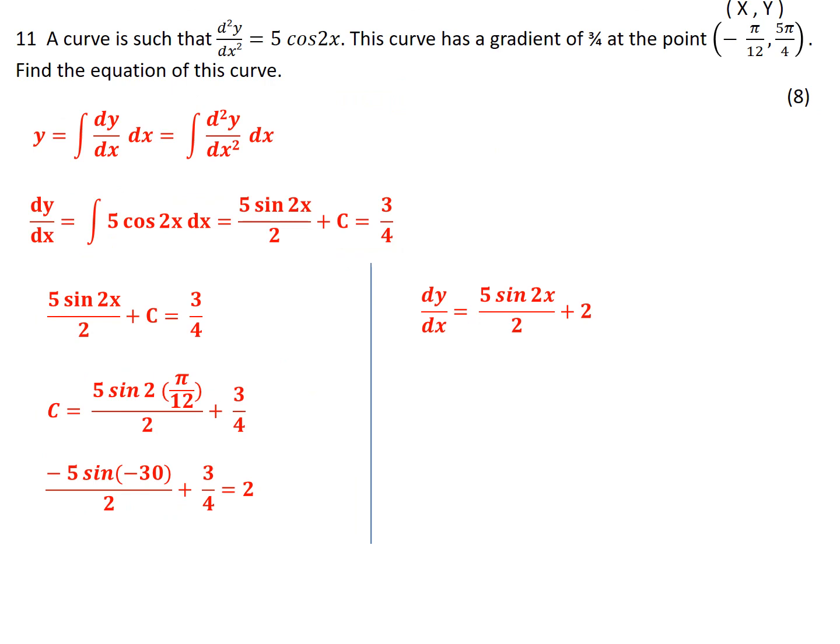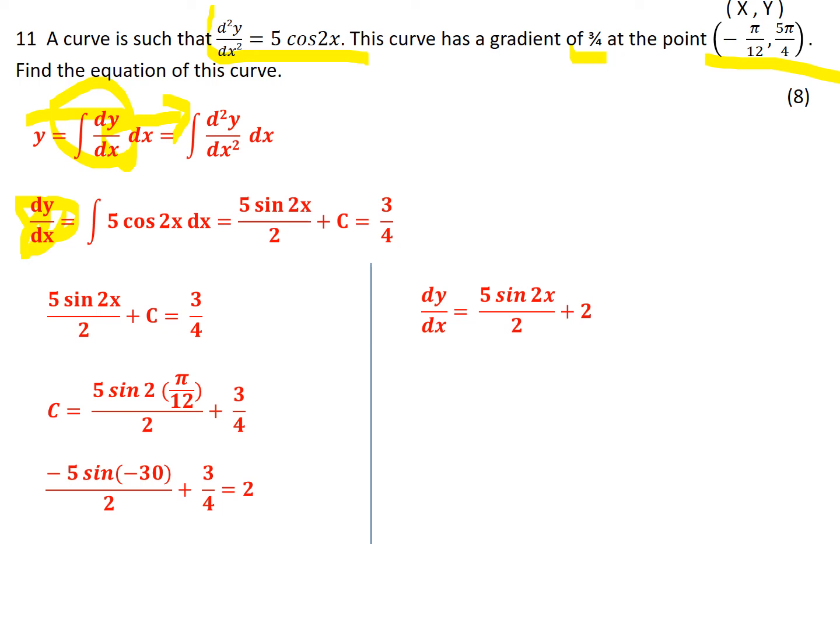Question 11. This curve has a gradient, this, at a point, this. That means if you remember, we can write this into this, which makes the equation easier for us to solve.